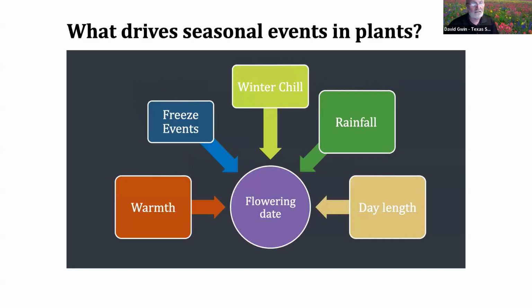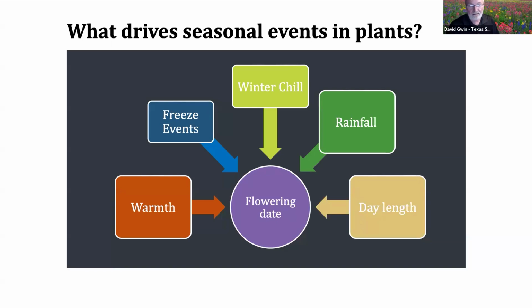Okay. This slide will show you that there are a number of variables that drive flowering date for plants. And because this project is largely focused on native plants, you're going to see me kind of move in the phenological understanding of phenomena that really centers on plants, native plants, and how they experience that climate phenomena across our state.